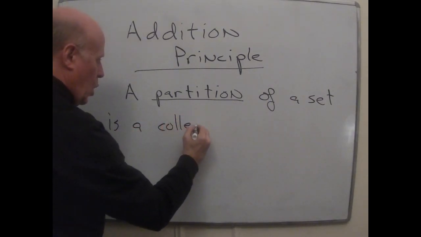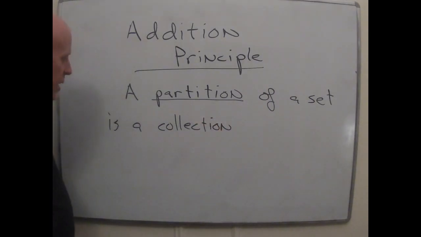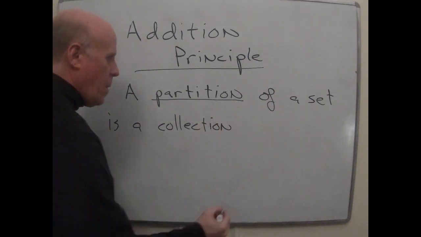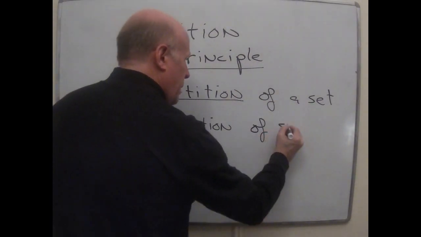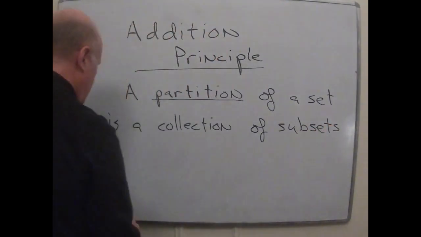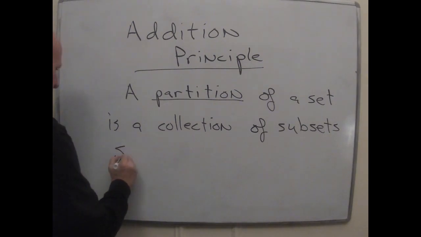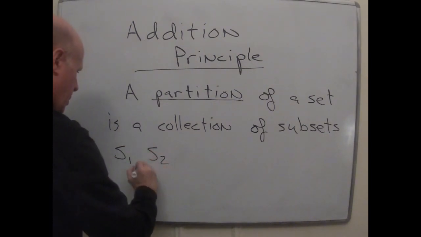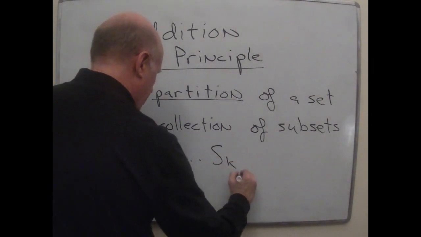I'm only using the word collection here because it sounds weird to say a set of subsets, but it is indeed a set. A collection of subsets. Let's call them S1, S2, up to SK, say there's K of them.